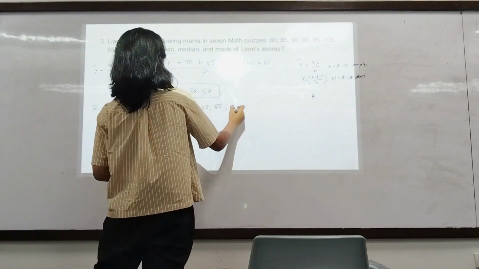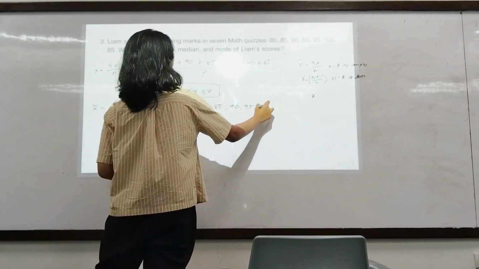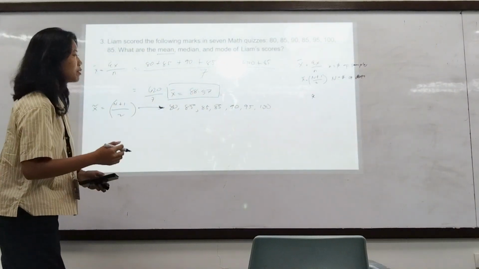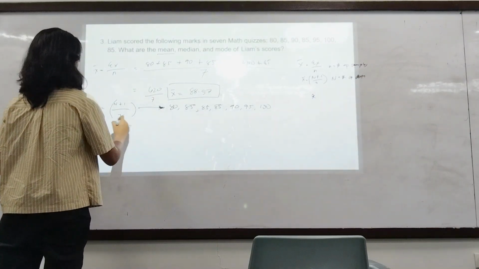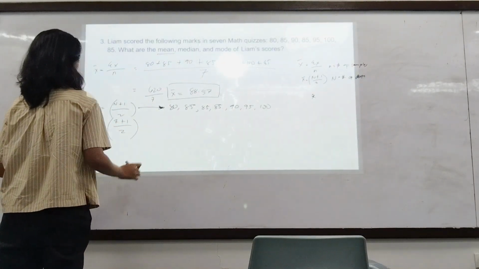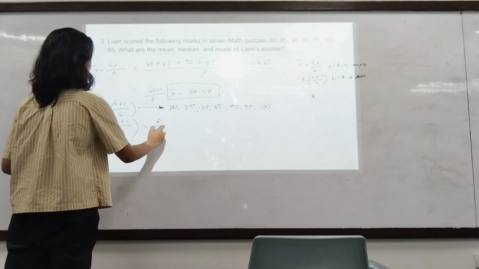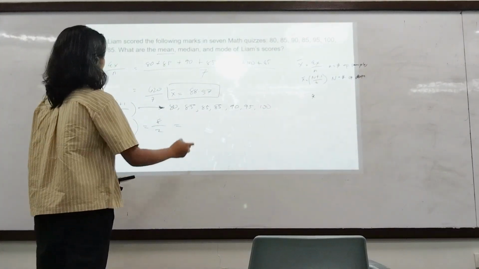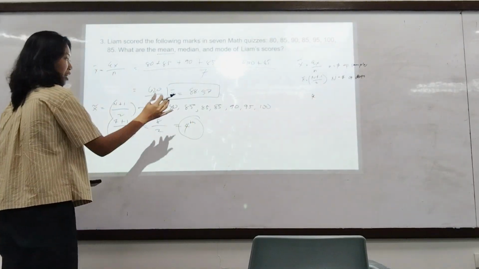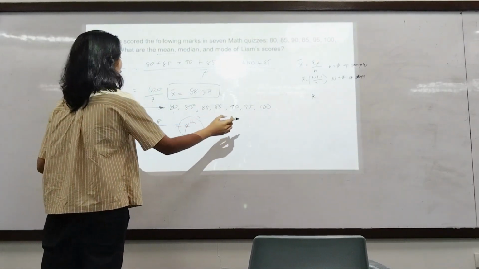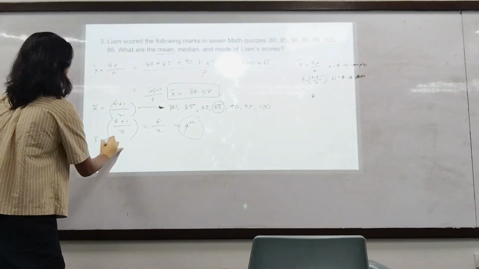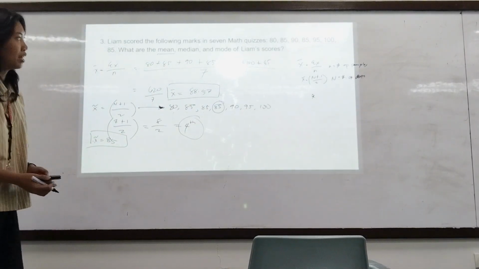There are three 85s. Then you substitute n for the number of data, which is 7. 7 plus 1 over 2 is 8 over 2, and the quotient is 4. Then the median will be at the 4th. We count 1, 2, 3, 4. So this is our median. The median is 85. That's the median for Liam's score.